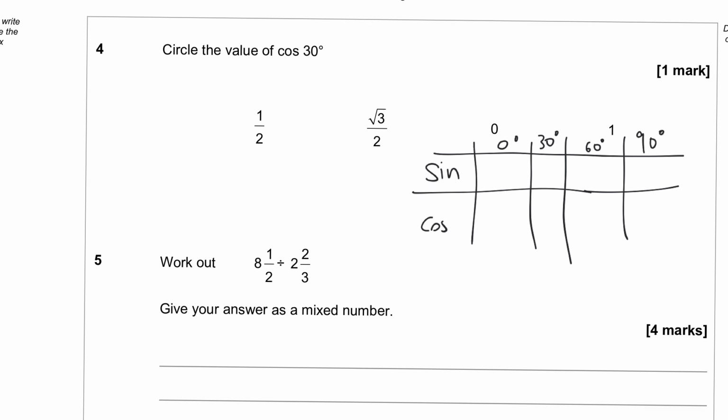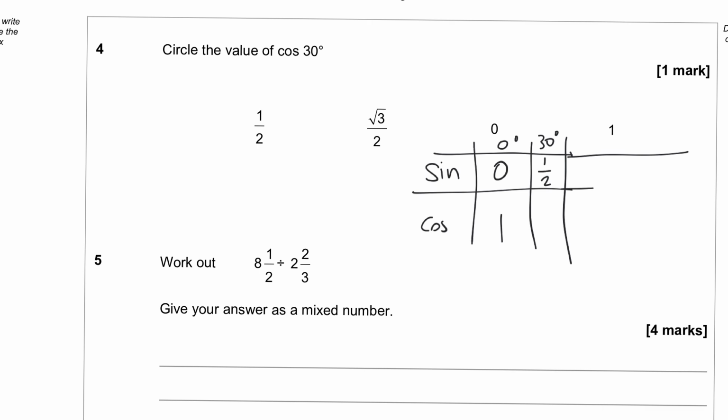Right, so we know that sine 0 is 0, that cos 0 is 1, sine 90 is 1, cos 90 is 0, sine 30 is a half, cos 60 is a half, and so I've missed one out, haven't I?